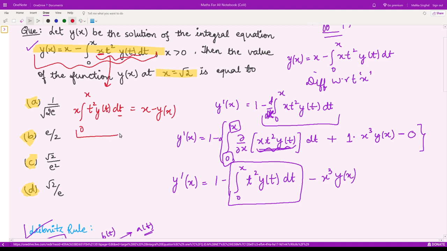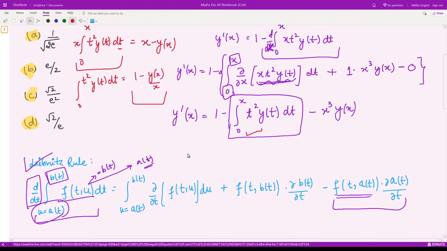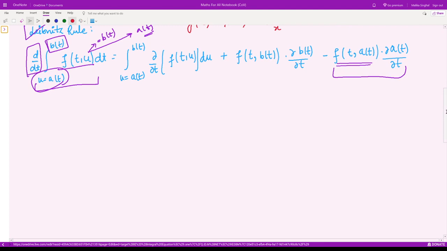So the integral of t square y(t) dt from 0 is 1 minus y of x by x. Let us use this value here. So y dash x is equal to 1 minus (1 minus y of x by x) minus x cube y of x. So this 1 and 1 cancel.